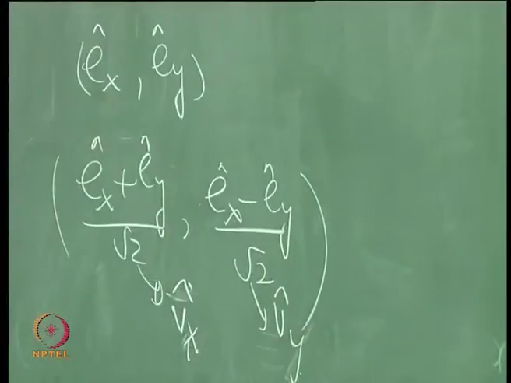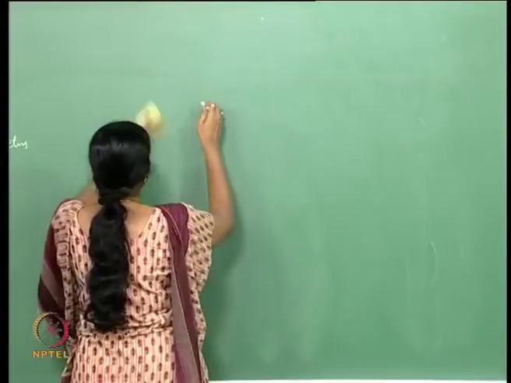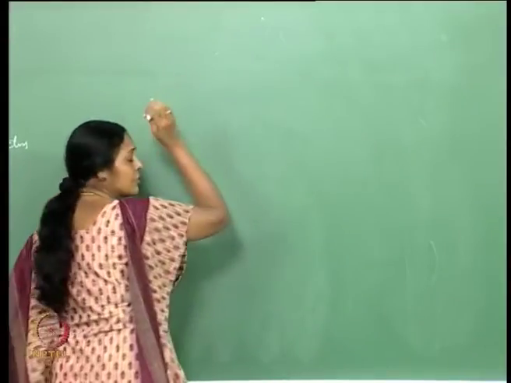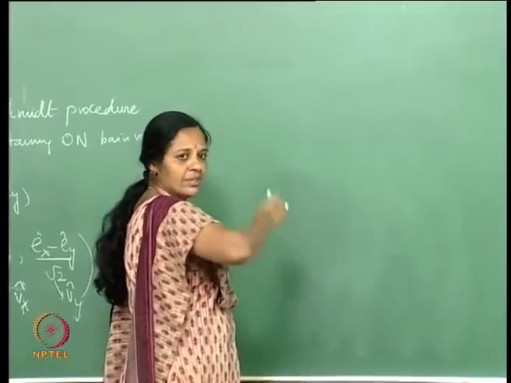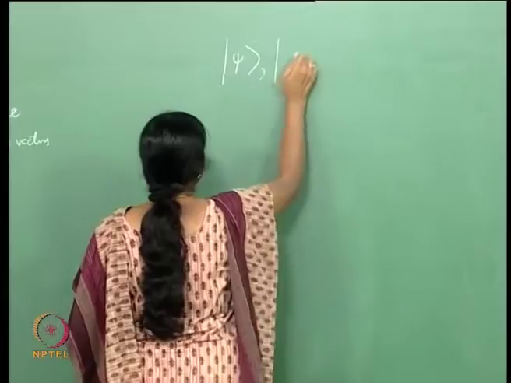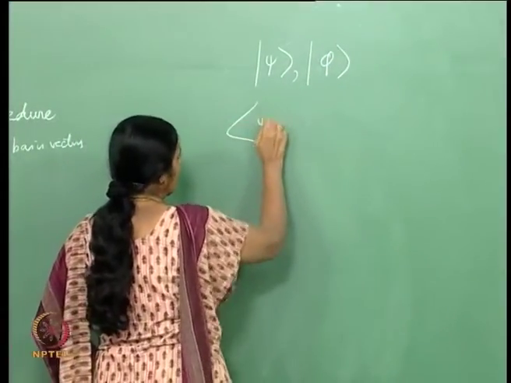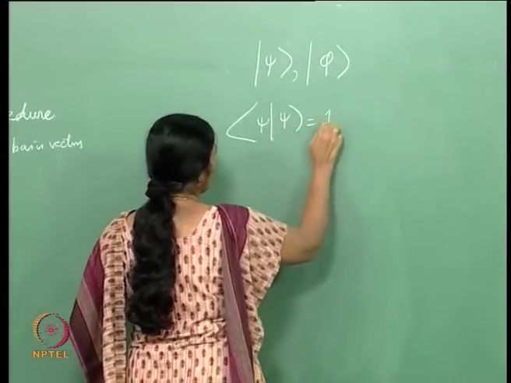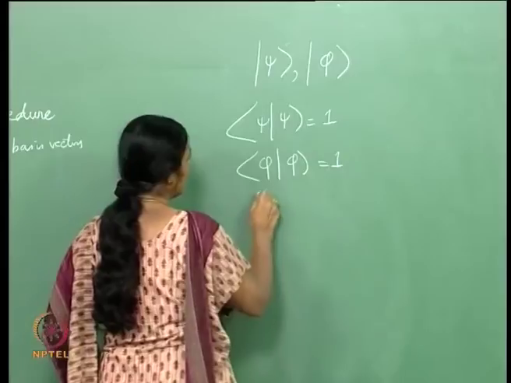This could happen in the following fashion. Suppose I have a situation which is two dimensional. I illustrate it for a two dimensional situation and I have basis states psi and phi. When I say basis states, I mean this. Let me use the Dirac notation so that we get used to it.